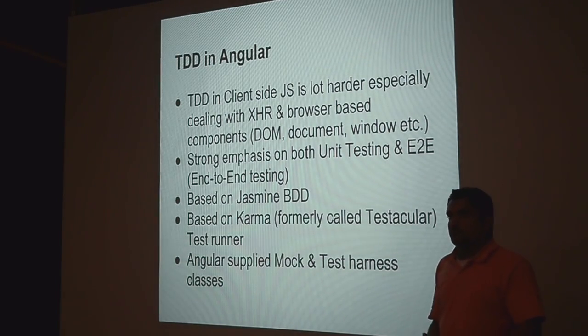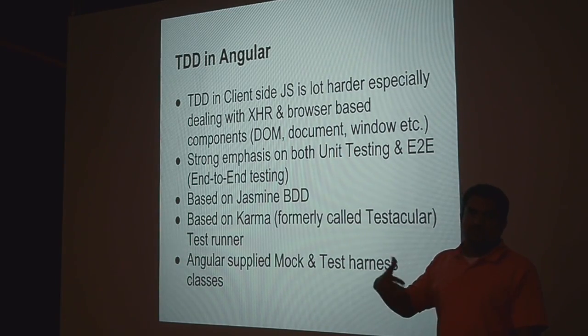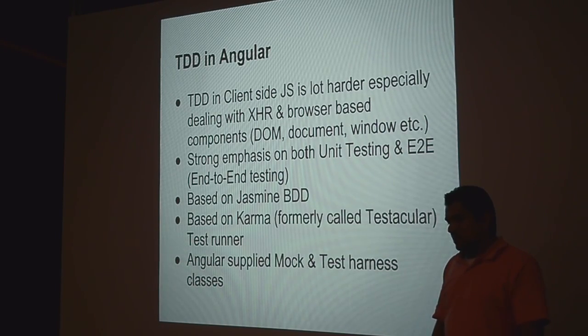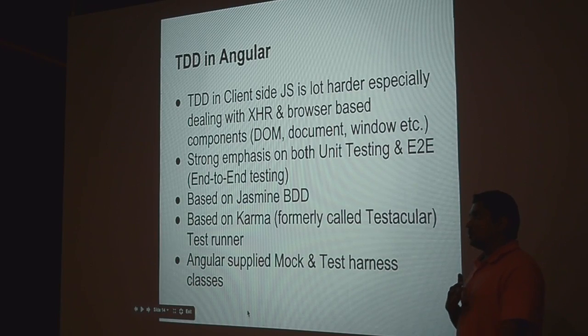If you want to go with QUnit, or any other external testing framework, you could do that. But what I'm trying to say is it comes supplied with a lot of these mock classes and harness classes that you can leverage. It places a very strong emphasis on both unit testing and end-to-end testing.